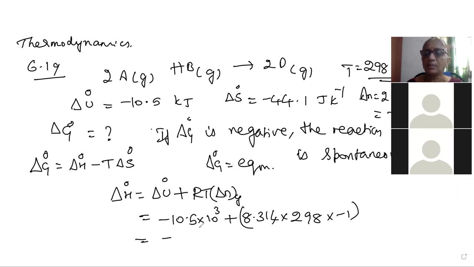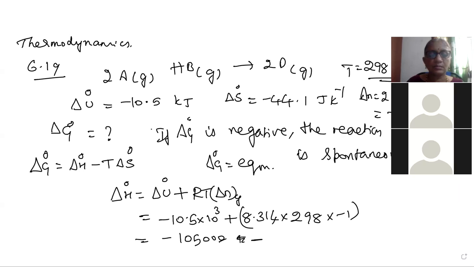This will come as minus 10,500 plus, and plus into minus will become minus, so minus 8.314 into 298.